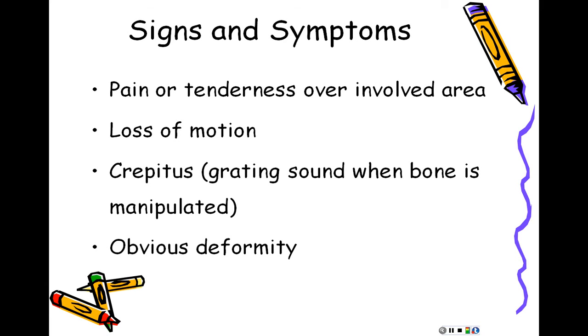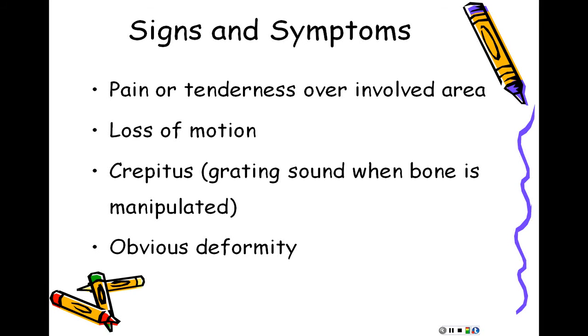When we hear crepitus in an area of the body that we think has a fracture, we want that person to keep that area as still as possible. If they do a lot of manipulating, we can further impair that fracture. We can maybe make a closed fracture become an open fracture if they continue to move that extremity.